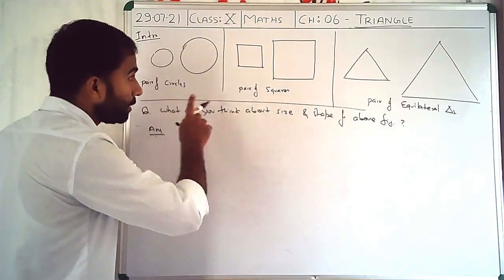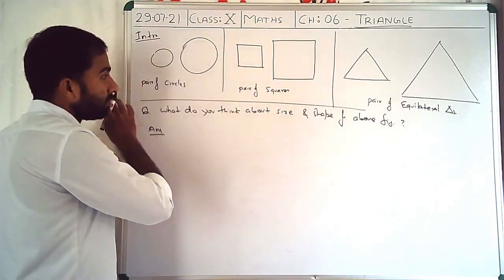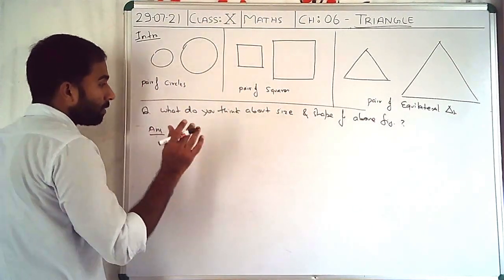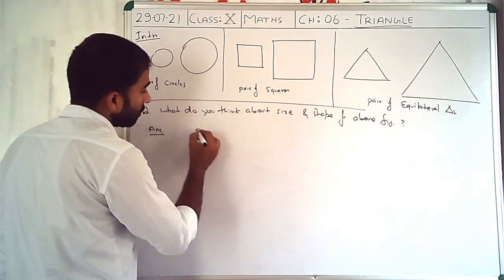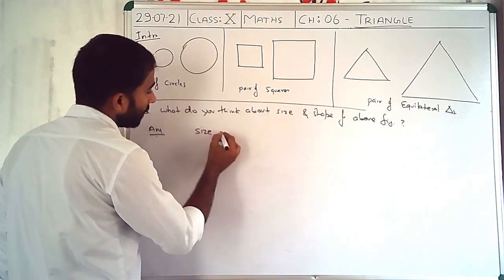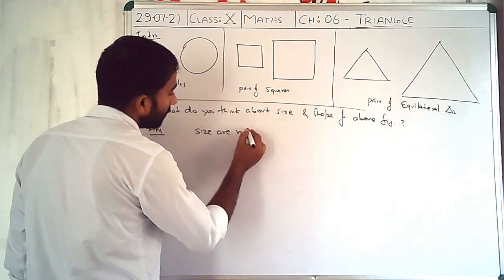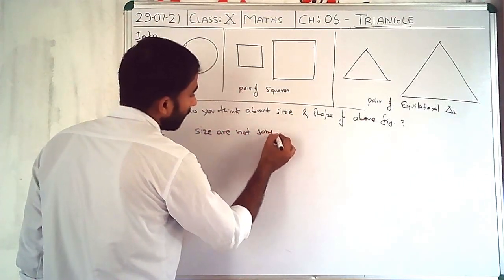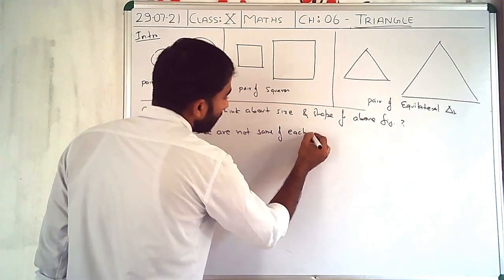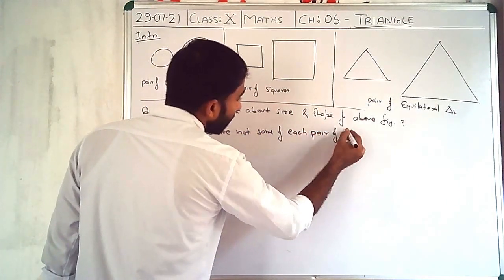Okay, in each pair of figures, their figures are not in equal size. So sizes are not the same in each pair of figures.